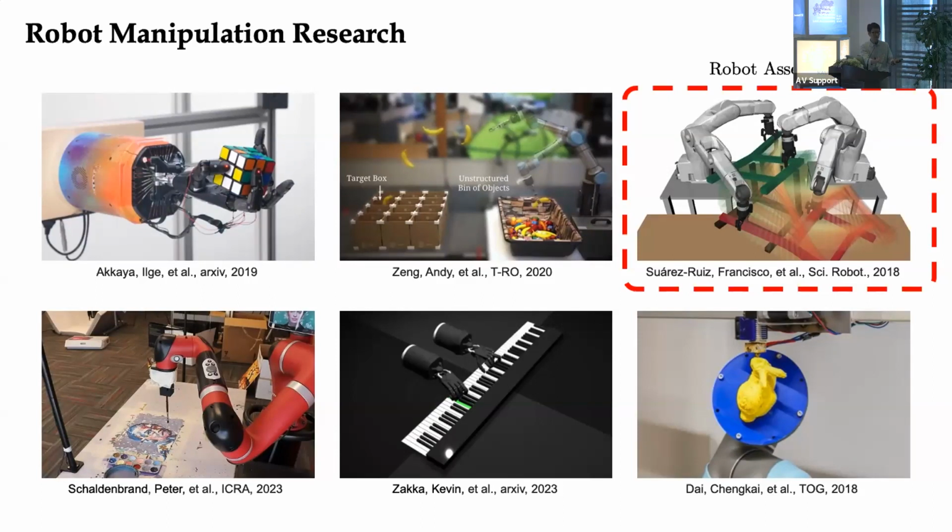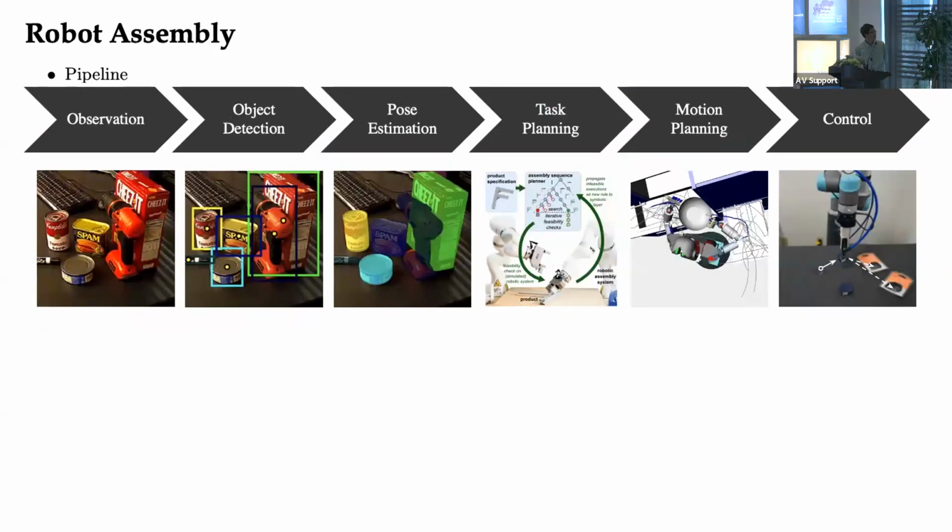I have different pieces on the table, and how can I teach the robot to pick up one of the pieces and put them together to build the product we intend to assemble? The general pipeline for robot assembly is that we start by using a sensor to identify the object we have to manipulate. Once the object is identified, we think about how we can put one object to the other in order to do the assembly.